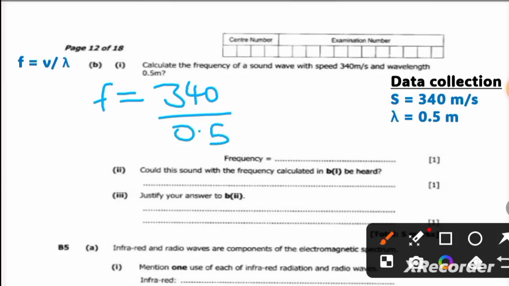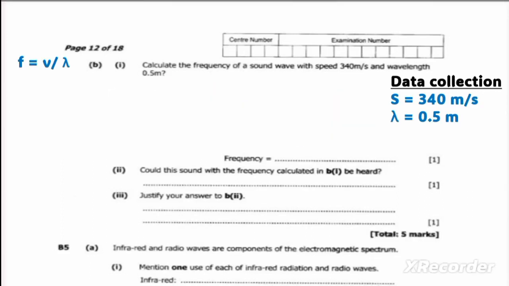So if we say 340 divided by 0.5, we are going to get 680 Hz. So this is our answer. Therefore our answer here, we are going to say 680 Hz.